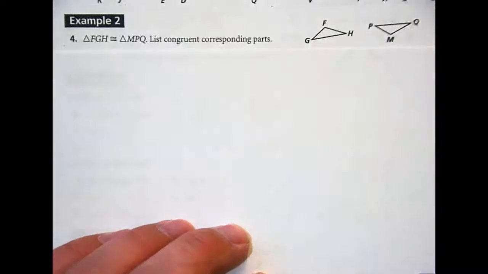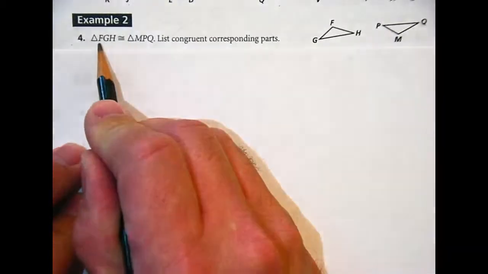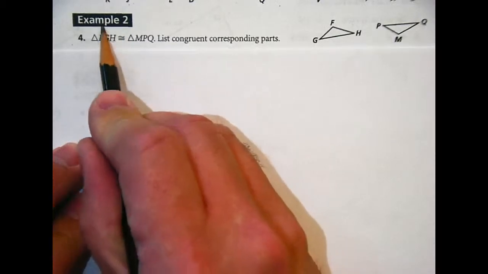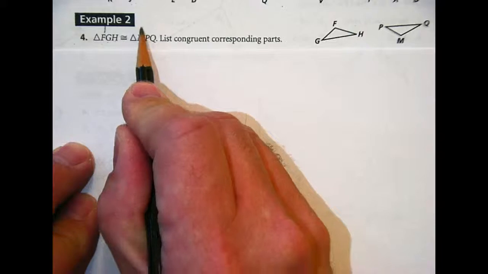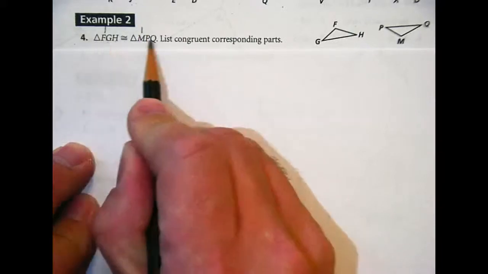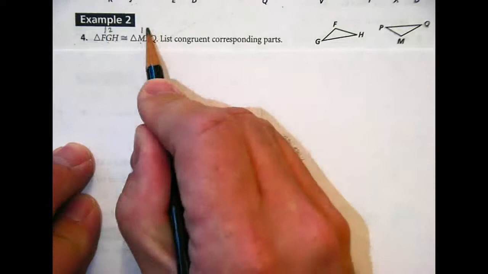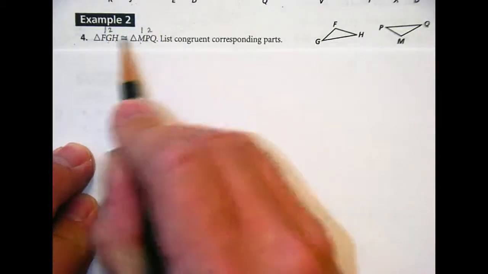The other thing we haven't talked about yet this year, not enough, is that when they give you a triangle, the order in which they give it matters. If they're saying these are congruent, then F is congruent to M, first position to first position. G is congruent to P, second position to second position, and we're talking about angles.